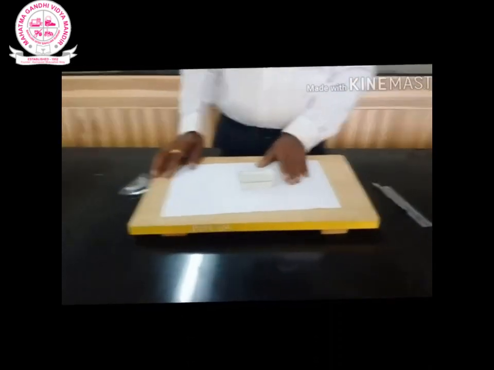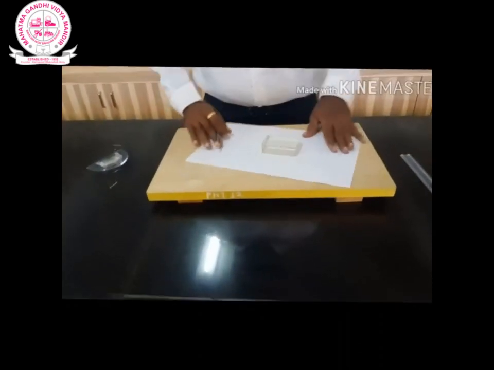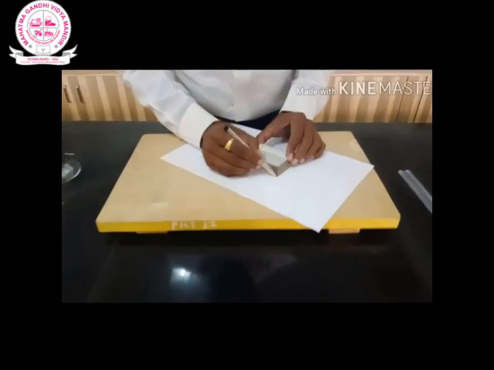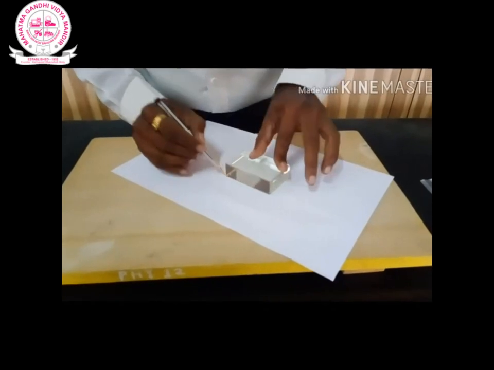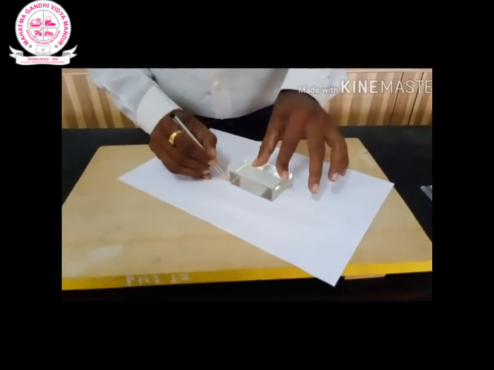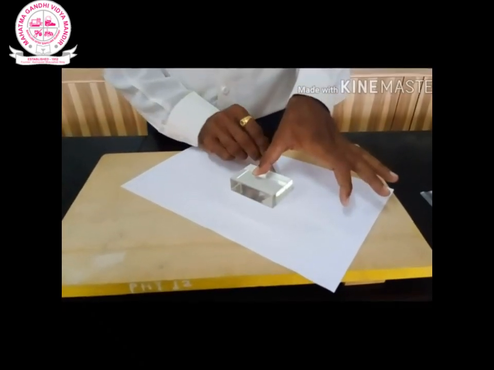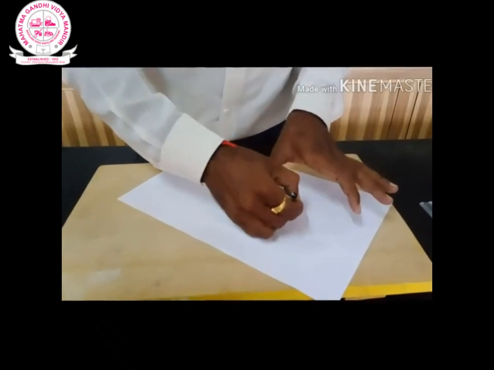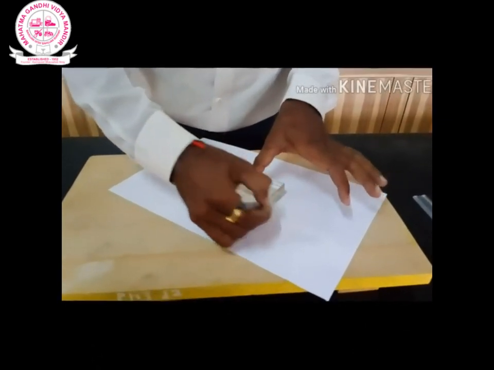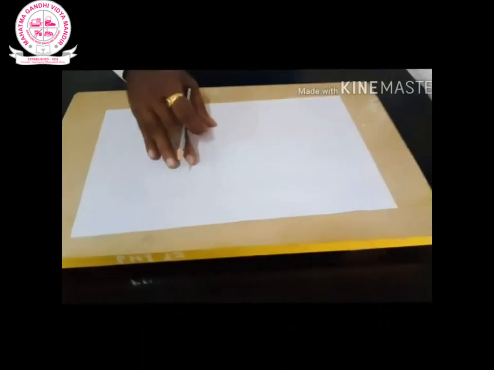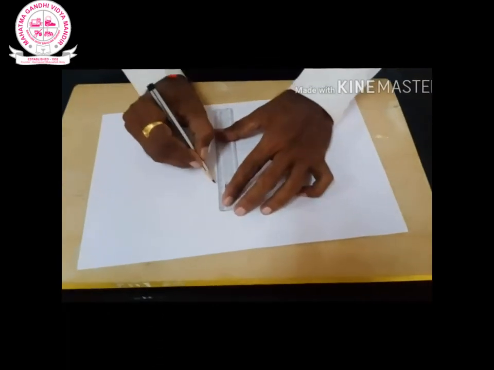Now first we draw the outline of this glass slab by using pencil. Draw the outline exactly. Now complete it by using ruler.